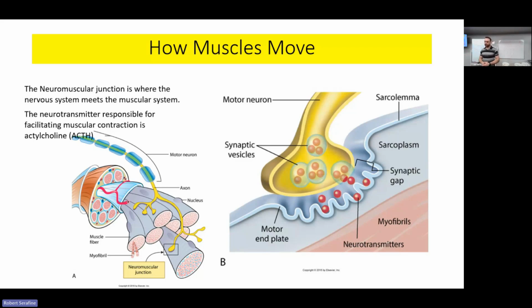Just a small piece of preliminary information here of what we call the neuromuscular junction, where the nervous system meets the muscular system.